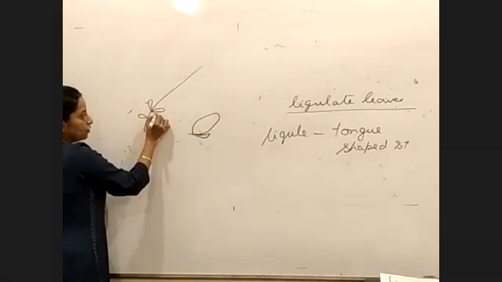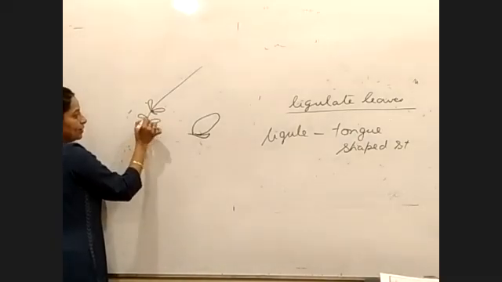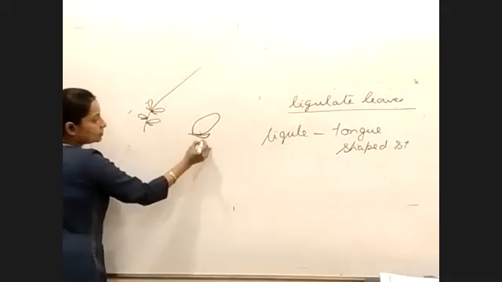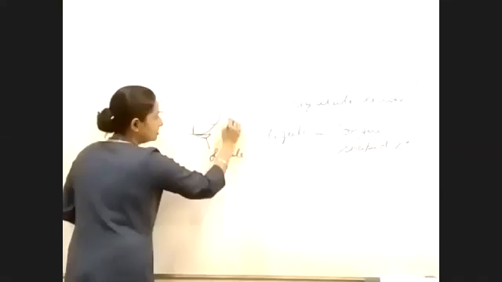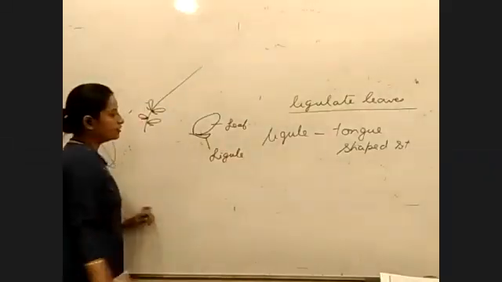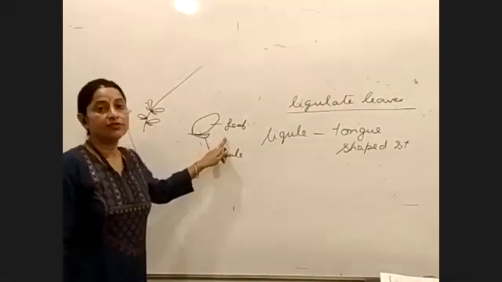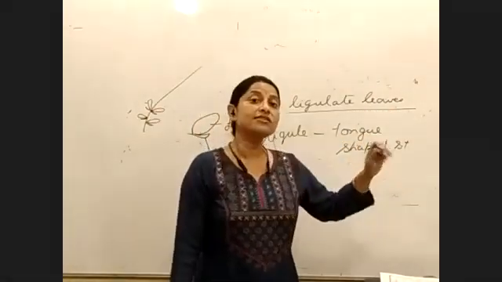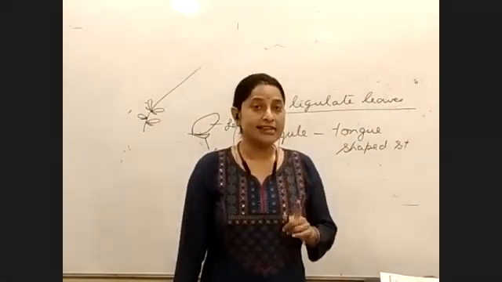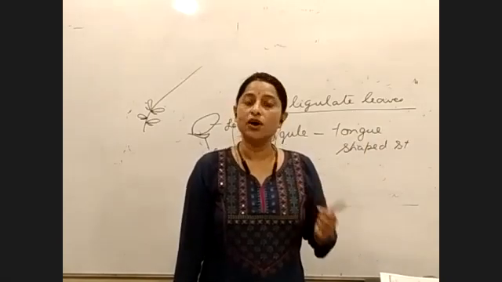Below the leaf there is a small structure like this. So this is the ligule, this is the leaf. So, ligulate leaf: if the leaf has a ligule, it is called ligulate. What is a ligule? It is a tongue-shaped structure. What is the function of a ligule? A ligule is a secretory organ.